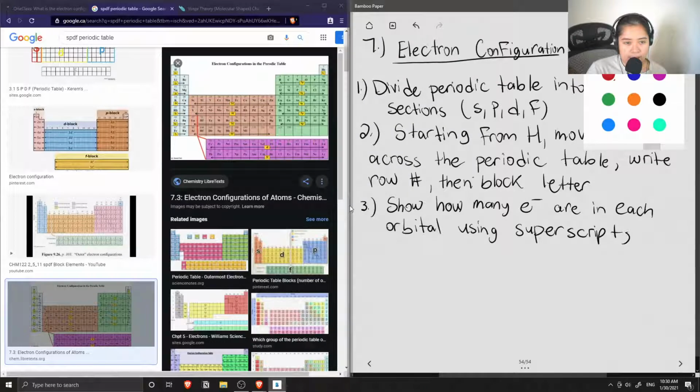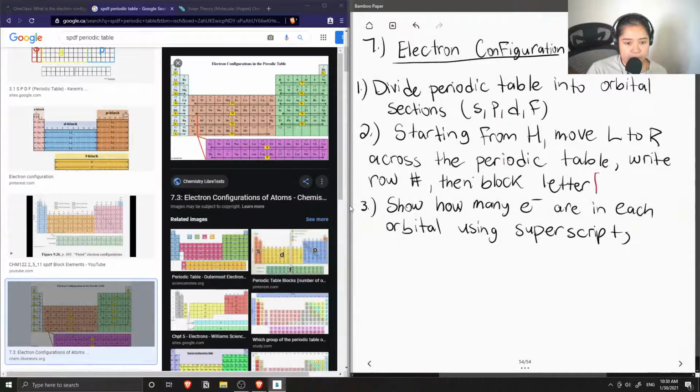I'll also add as a note for part 2 that when we get to block D, we write the row number -1. And when we get to the F block, we write the row number -2.